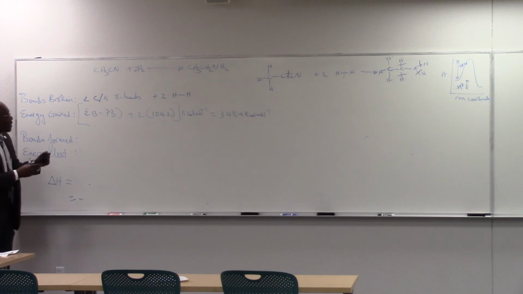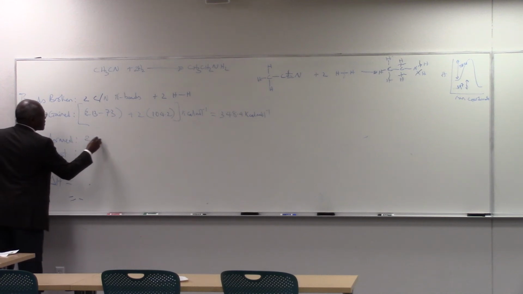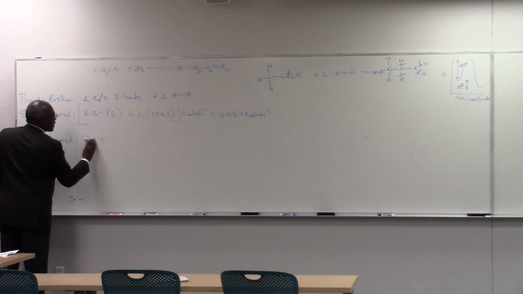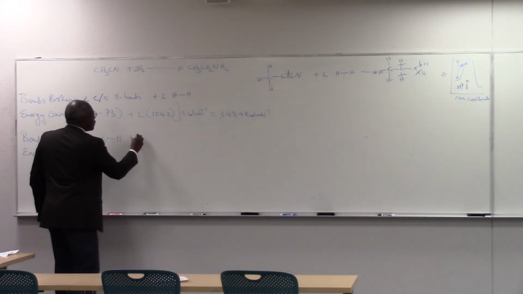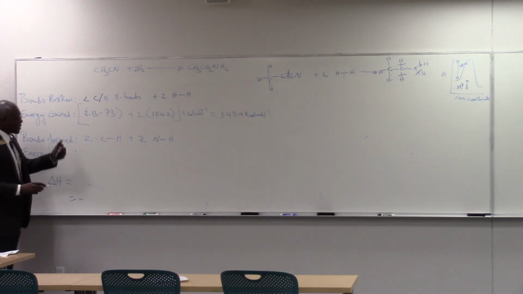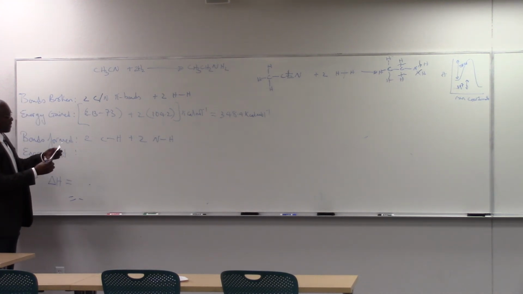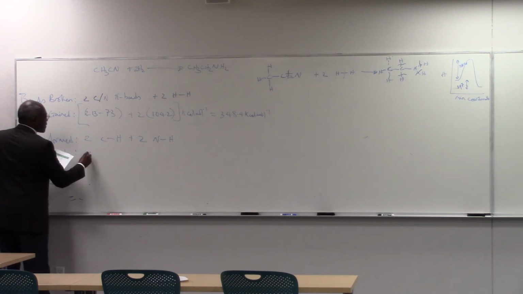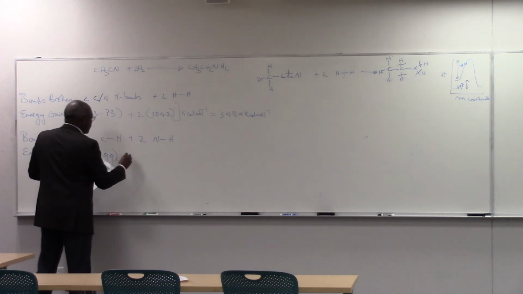Okay. What bonds are formed? Well, we formed two CH bonds plus 2 NH bonds. Energy lost: the CH bonds are, was it 111? No, 99. The CH bonds are 99, kcals per mole.